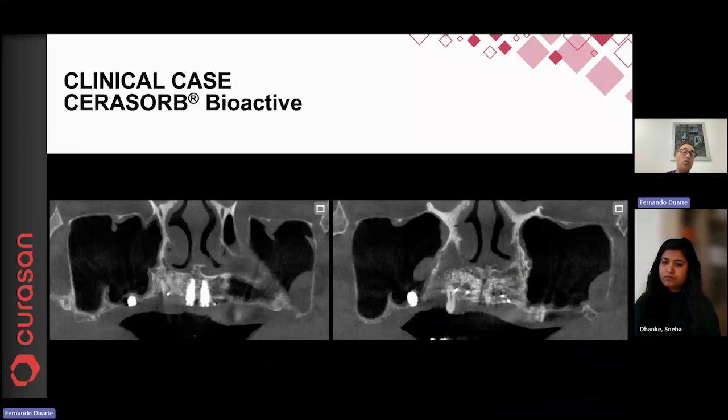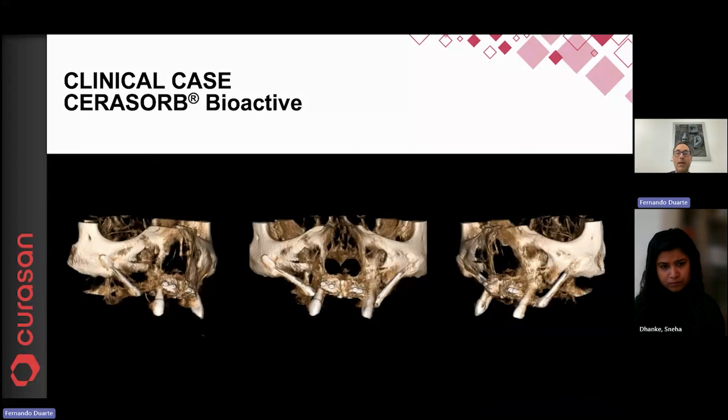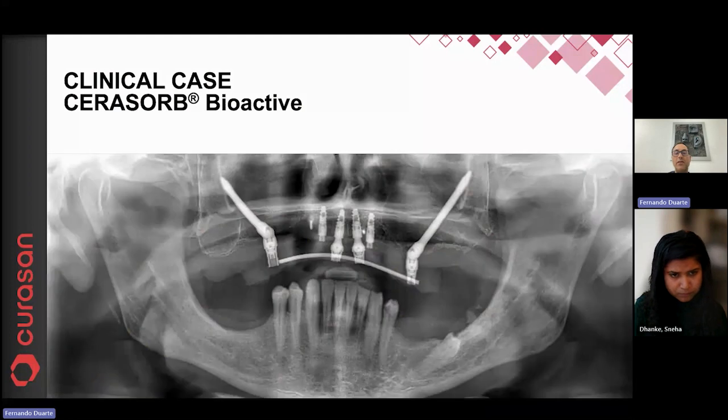The patient was too young for not having this kind of planning. And here we have the anterior implants and the posterior implants. As I told you, zygoma bone and premaxilla, as you can see there. And the final result, not yet. For now, just 2 extra implants placed in our bone graft site.